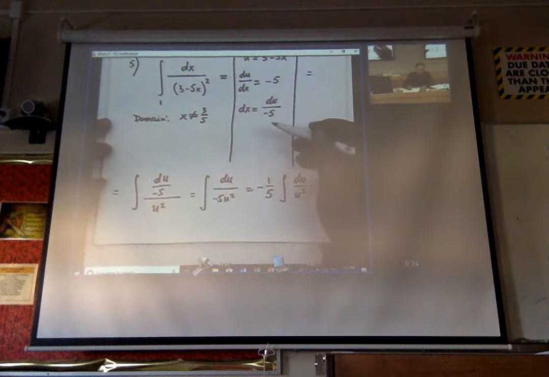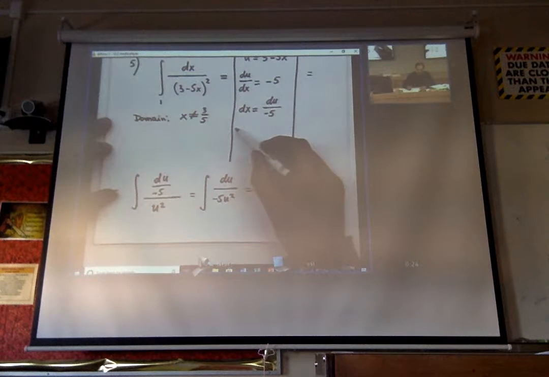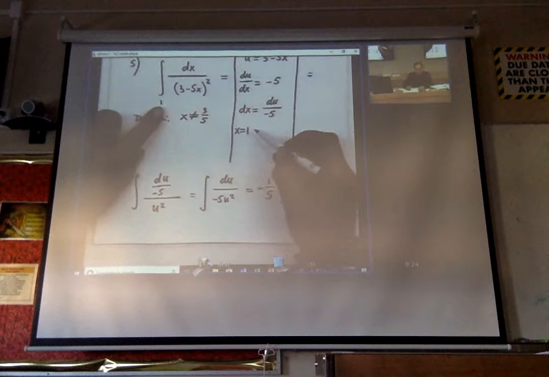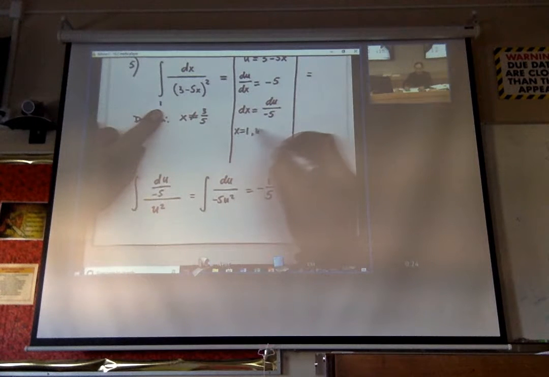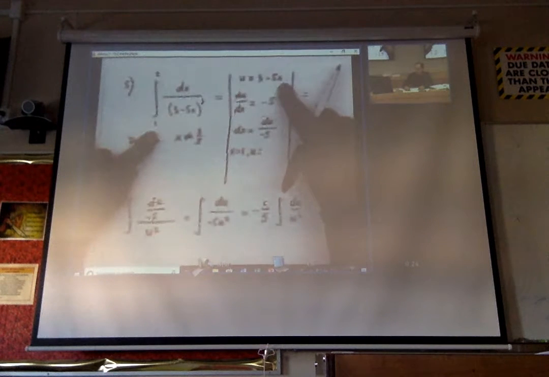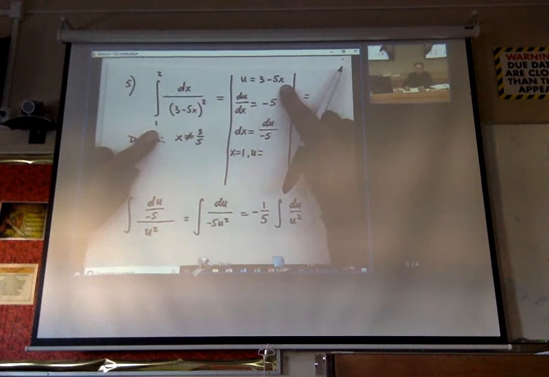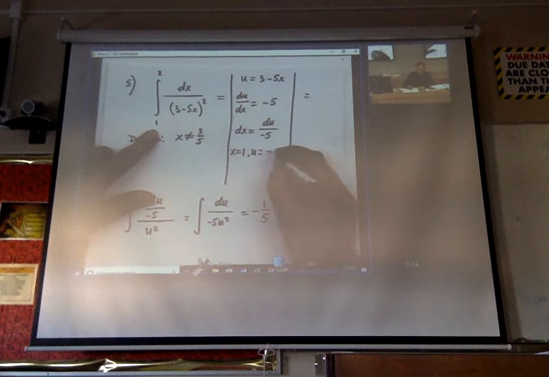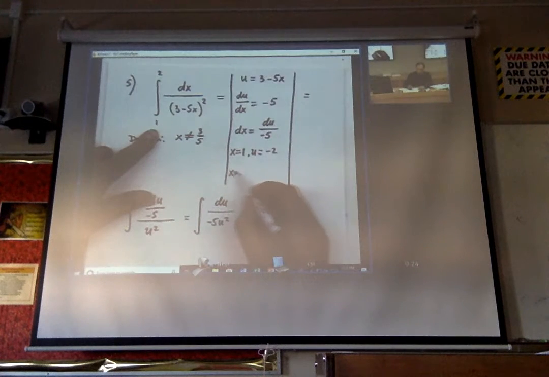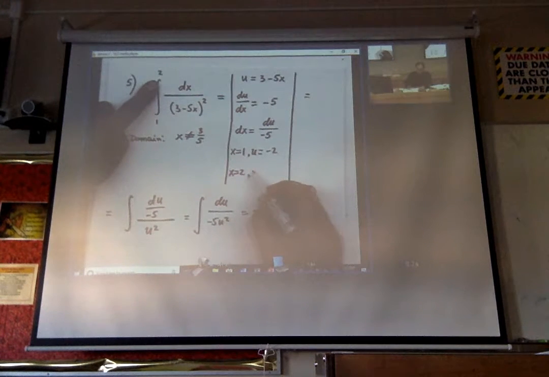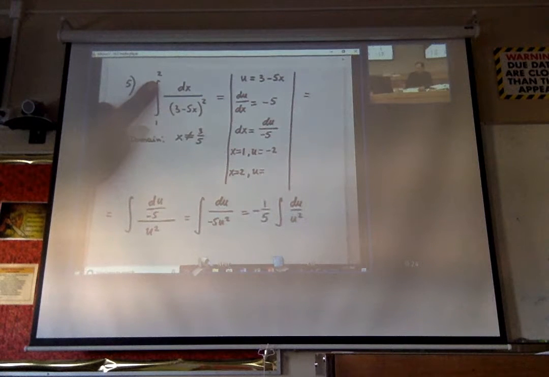So how do we do this? We basically say this. If x is 1, then u is what? Negative 2, right? You take this 1, substitute into your substitution, get negative 2, good. If x is 2, then u is what? Negative 7.